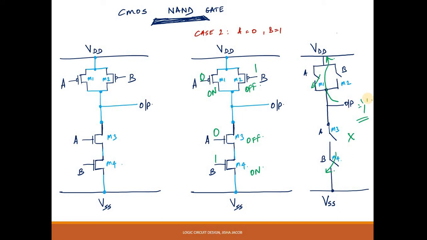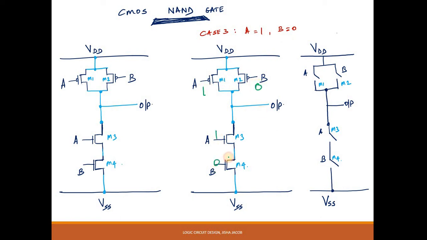The third case, what we get is A is equal to 1, B is equal to 0. M1 is off because it's a PMOS. M2 is on. Here, M3 on, M4 off. Applying it to the switch equivalence, M1 off, M2 on, close the switch, M3 on, close the switch, M4 off, leave it open.